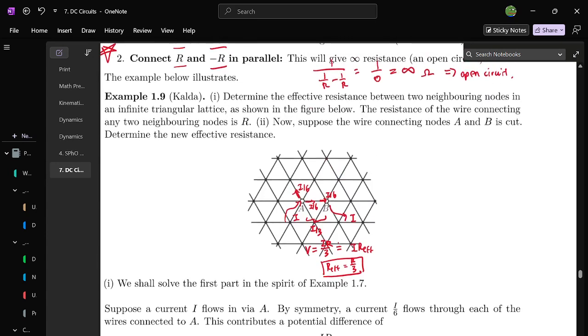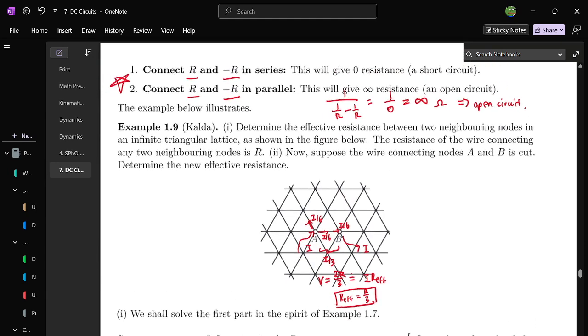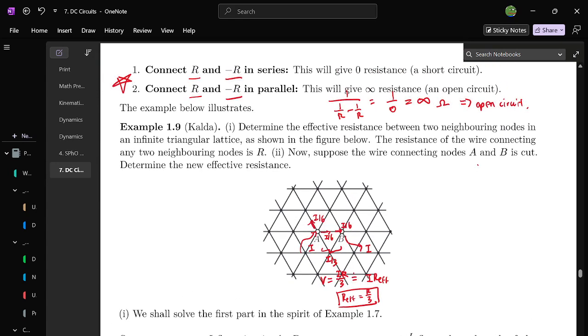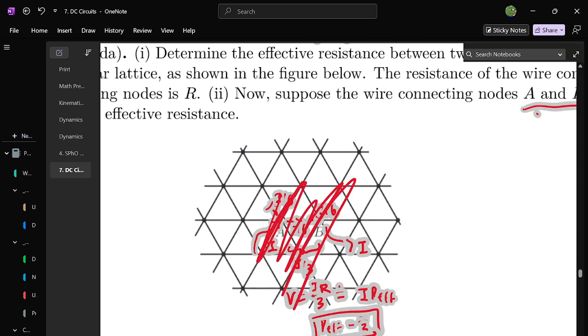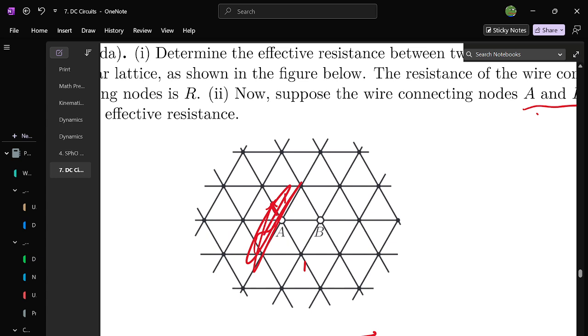Okay, but the other case is more interesting because now we cut the wire between nodes A and B. So what happened here is more interesting. Now this thing is gone. So how would you find the resistance in this case? Now the thing is that you know the answer to the previous part in a very highly symmetric scenario.